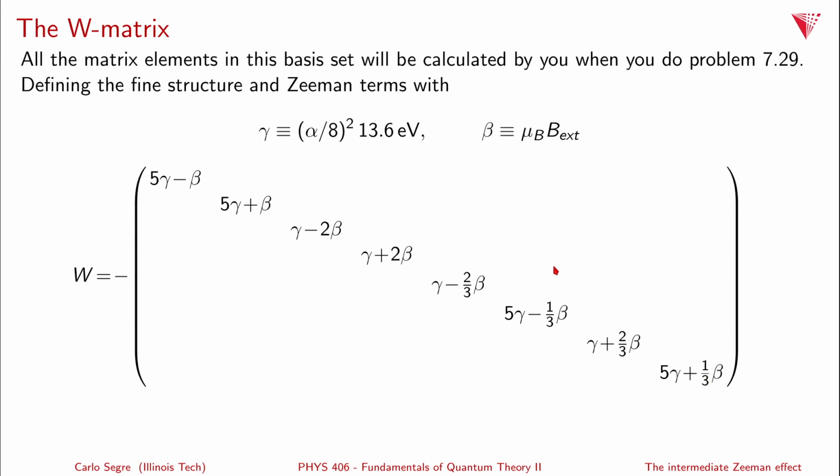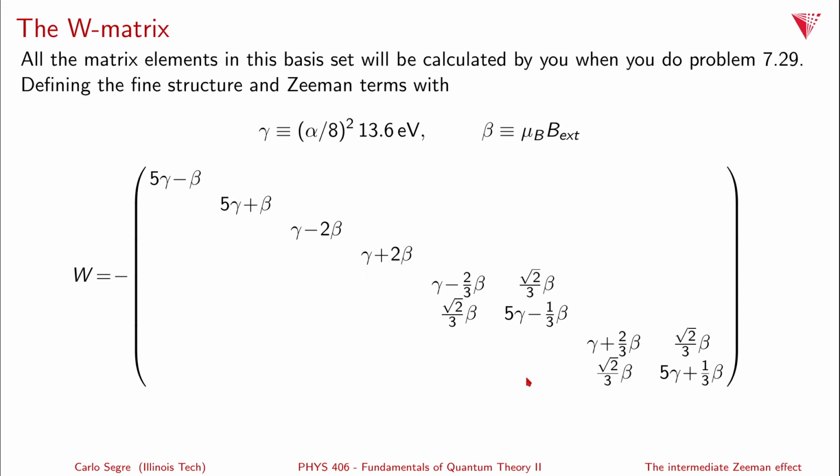Now, we also have some off-diagonal elements. And as you might expect, because we're using the basis set with J and M sub J, these will not include anything that belongs to the fine structure, because the fine structure is diagonalized. However, they will include terms that include beta for the Zeeman effect. And in fact, we have the following. We have square root of 2/3 beta and square root of 2/3 beta that are a mixing between psi 5 and psi 6.